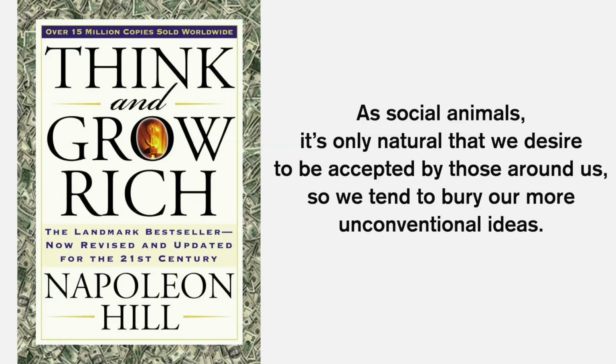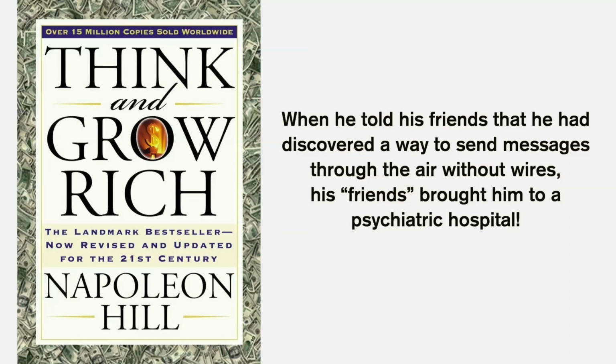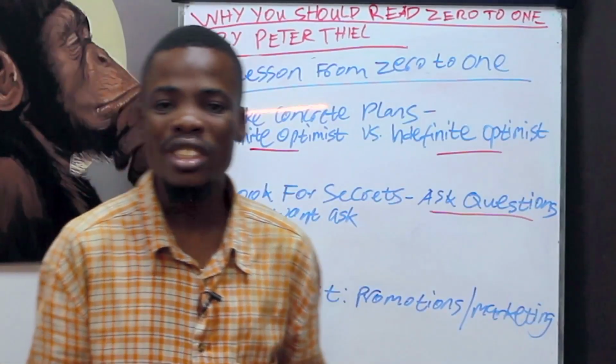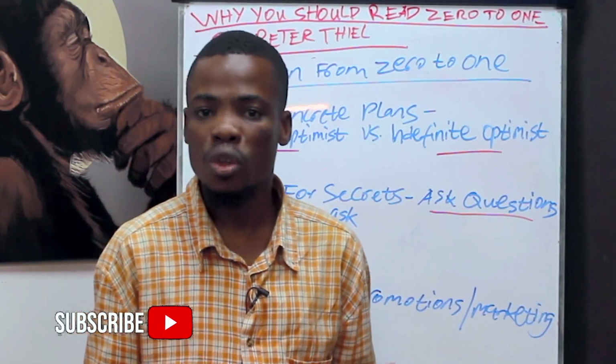So we tend to bury our more unconventional ideas. In fact, the book shares the story of Guglielmo Marconi, the inventor of the radio, when he told his friends that he had discovered a way to send messages through the air without wires. His friends brought him into a psychiatric hospital straight up.